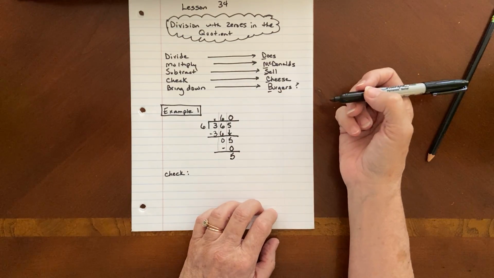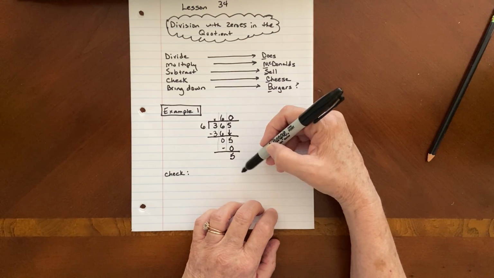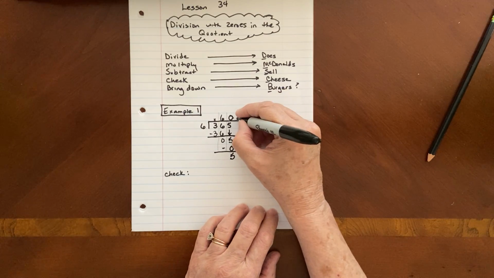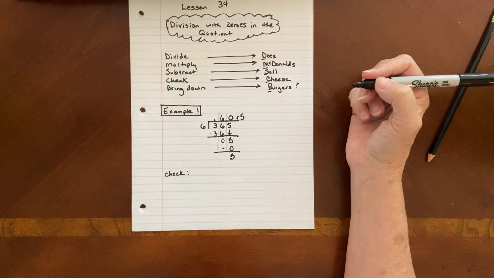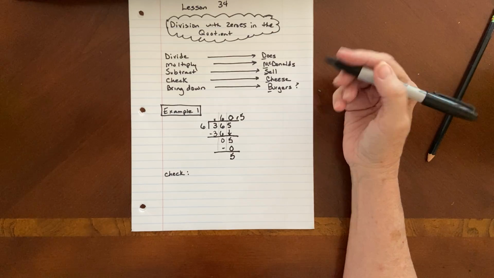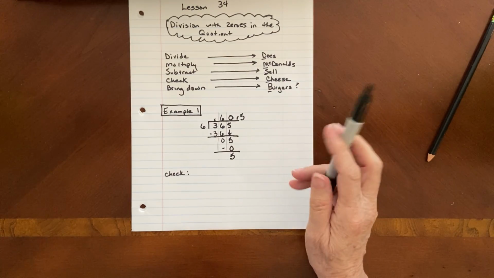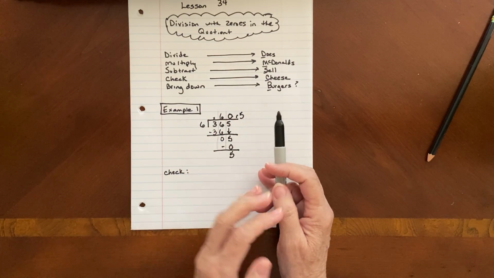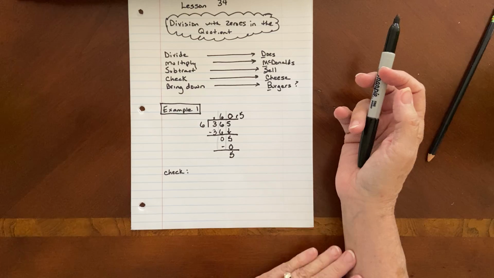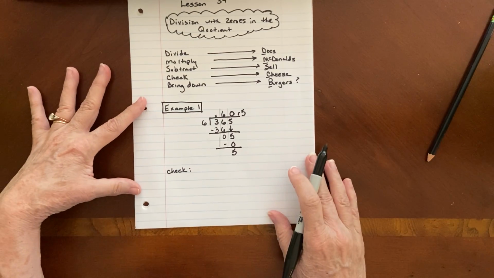Is 5 less than 6? Yes, so that means that's correct. Do I have any more to bring down? No, so that's my remainder. Remainder 5. It's really important that once you start your division, you fill up all the columns till you get to the end. I don't know how to say that any better, but hopefully you know what I'm talking about.